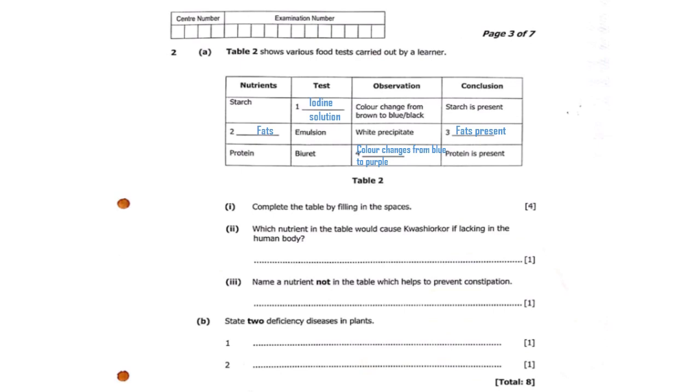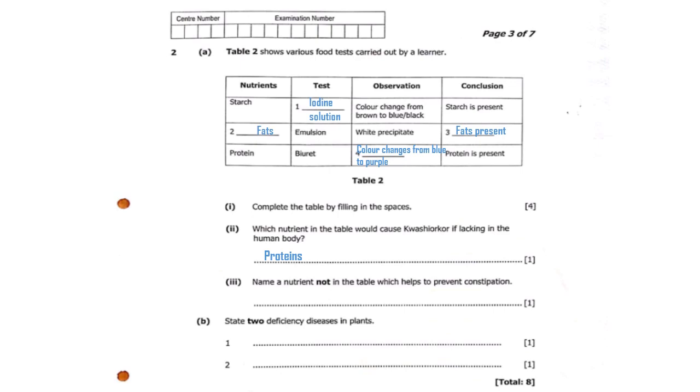A2. Which nutrient in the table would cause kwashiorkor if lacking in the human body? That's proteins. A3.